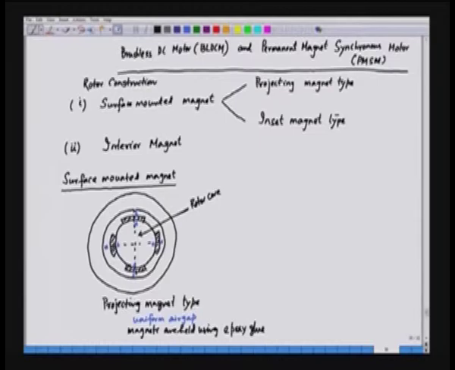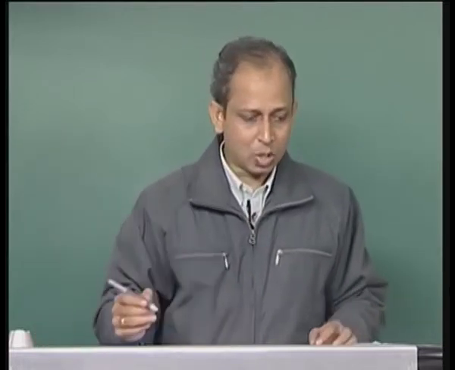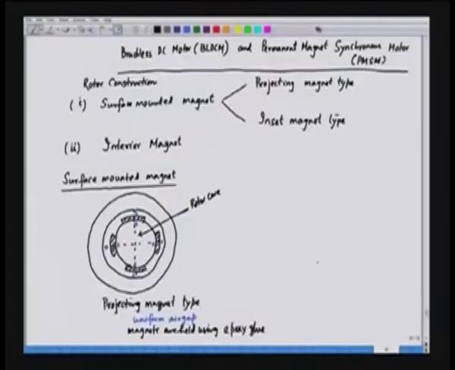Now, if we want to go for a little more robust construction, the magnets are buried or pressed inside the rotor, and that is called the inset permanent magnet structure. Here we have the rotor, and we can construct a 4-pole structure where the magnets are put inside the rotor, like this.